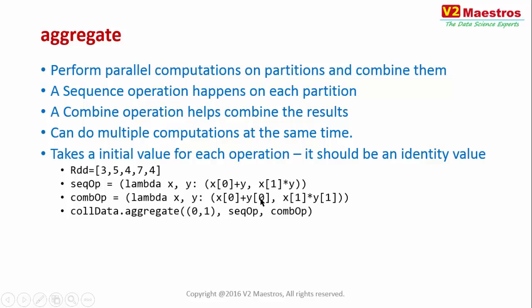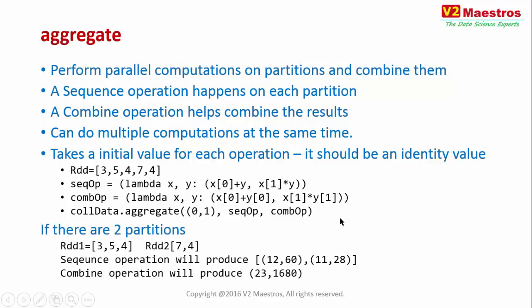So x of 0 plus y of 0, where x and y will be the results returned by the individual partitions. If you have two partitions, x will be the first partition result, y will be the second partition result, and then all you're doing is adding the results of individual partitions and making up the combined result. Similarly, in x of 1 into y of 1, you're multiplying the values and getting the combined result.